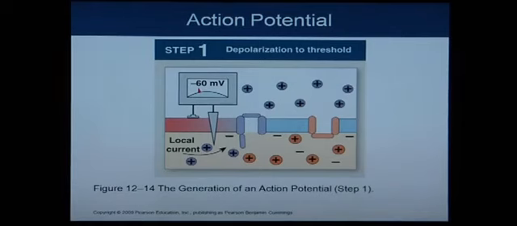So here's a picture of depolarization happening. Okay, so depolarization to threshold. So we've had some sodium rush in, and this local current that is now in the cell causes the millivolt number to be more positive, which is what's supposed to happen when we have depolarization.